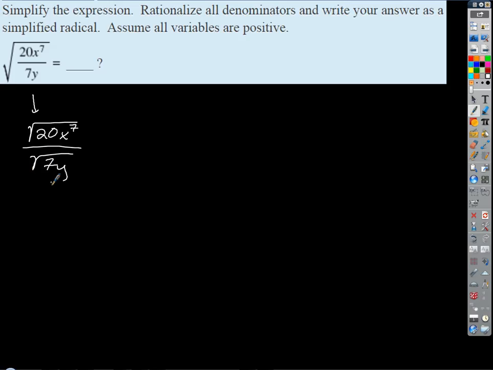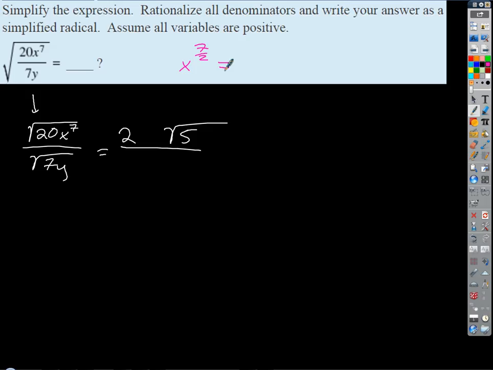So what about the top? We already did a 20, right? The square root of 20 breaks down into what? 2 radical 5. Good. Okay, now what about the x to the 7th? The square root of x to the 7th is just x to what power? 7/2.